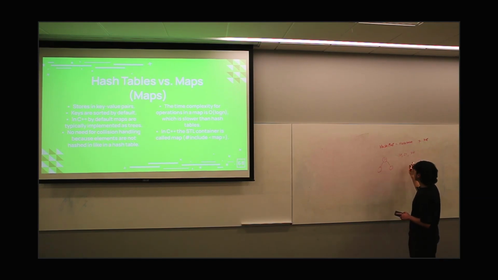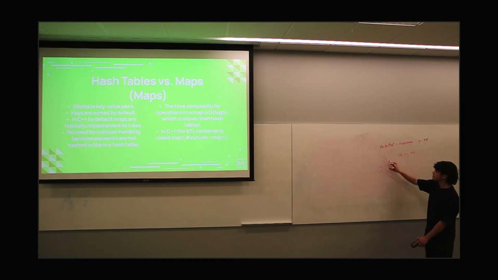Anything to the left side of the parent would be less than 21, which in this case is only going to be 10. Anything to the right is going to be 30, greater than 21. Right? You guys are going to learn more about this whenever you prepare for exam 3, so don't think about it too much. But that's the general idea of a map compared to a hash map.